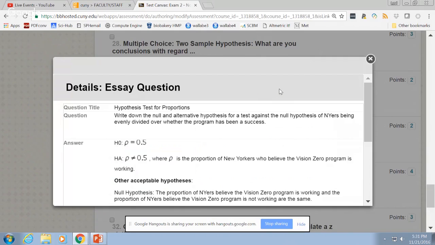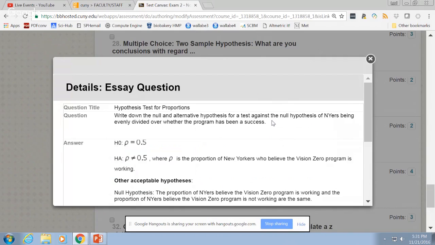And our null hypothesis is that New Yorkers are evenly divided over whether it has been a success or not. So under that null hypothesis, 50% of New Yorkers say it's been a success. And it doesn't really matter whether the other 50% say, I don't know, or it's been unsuccessful.